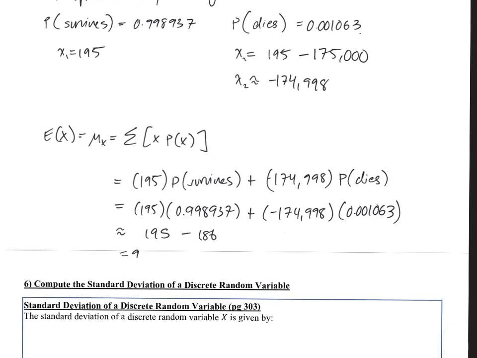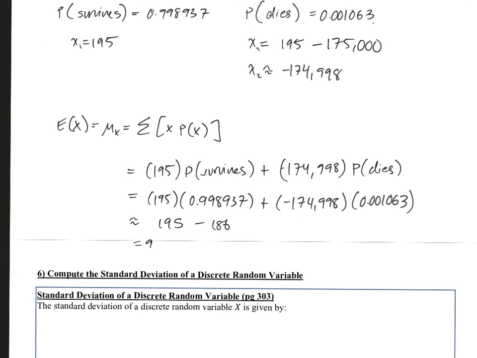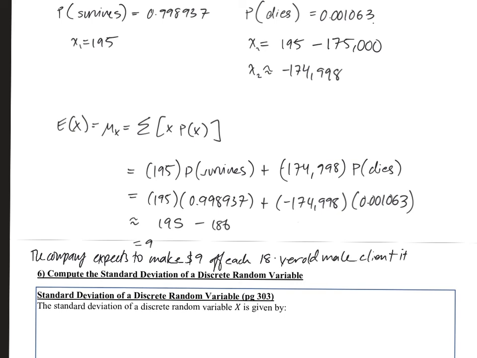So what does this mean? Well, this is saying that the company expects to make $9 off each 18-year-old male client it insures.